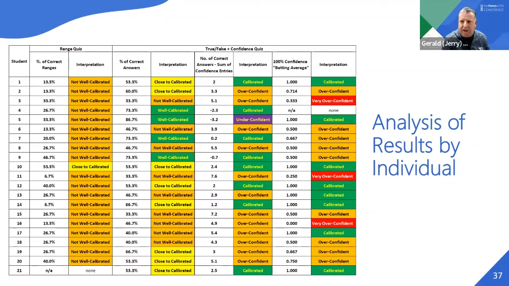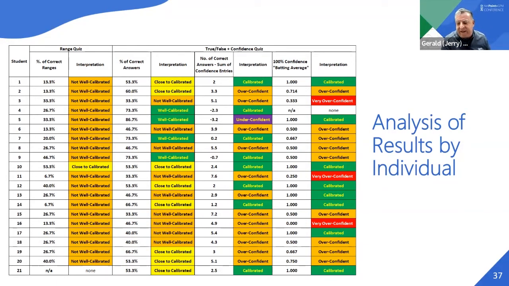Once you get an indicator from that calculation, you can assess whether someone is very well calibrated, overconfident, or underconfident. Under that test, we have a lot more calibrated, which are the green boxes. We actually had one student that was undercalibrated and still many that overcalibrated.